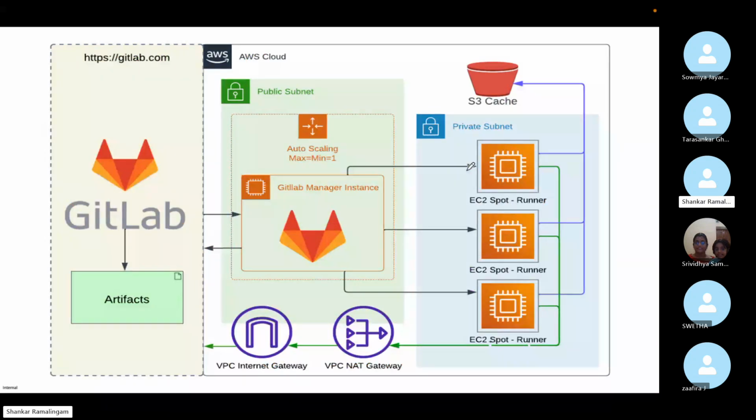So they are talking about EC2 GitLab runners. Instead of simply opening a Git bash, or you cannot open Git bash because you require at least one compute to be running. That could be an EC2 machine for you to run your jobs, or it could be a Docker container. Since we have not seen Docker containers, you will not be able to understand 100%. But a Docker container is just on top of your EC2 machine.